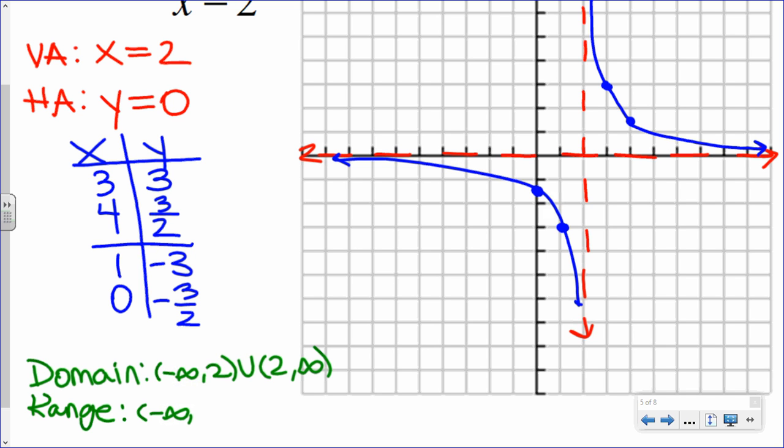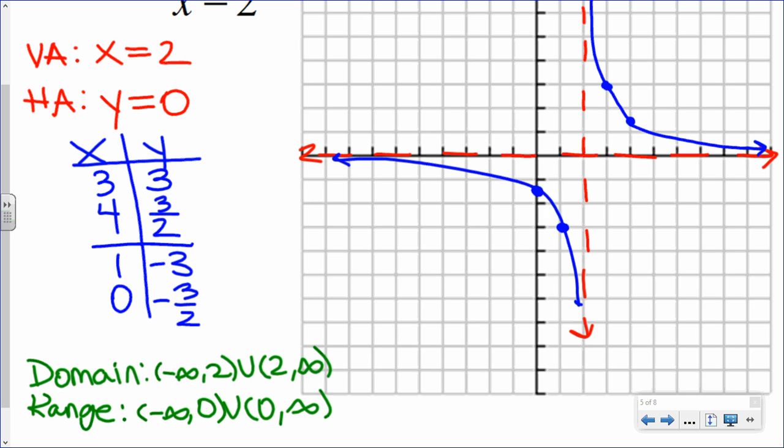Okay, and why are you saying 0? Because if you get as close to 0 as you want, you can get there. Okay, so we have that horizontal asymptote at 0. Okay, so negative infinity to 0 and 0 to infinity. We have y values everywhere except that horizontal asymptote, so we have to exclude 0 from our range.